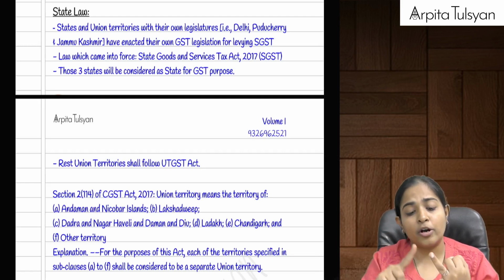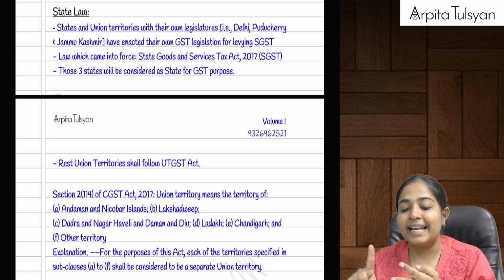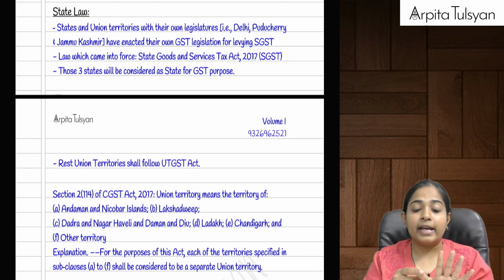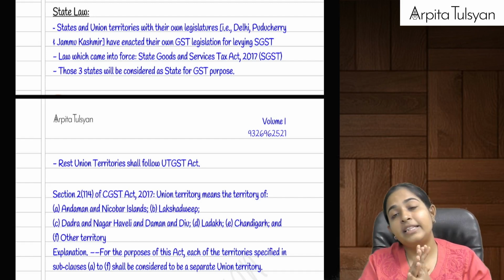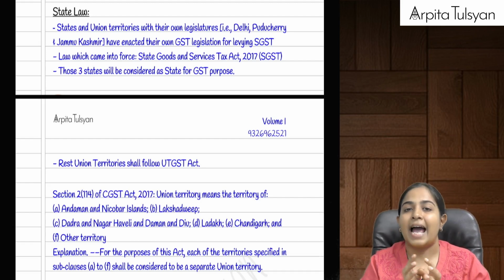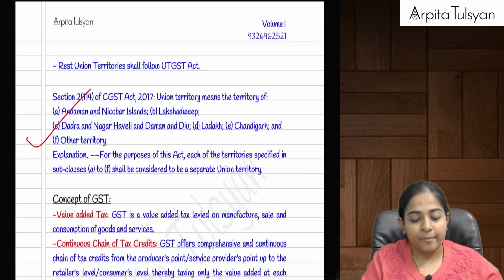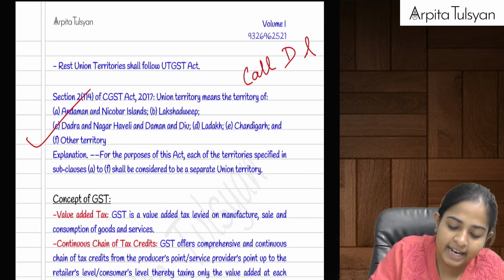Now, apart from that, Chandigarh, Andaman Nicobar, Lakshadweep, Ladakh, Daman, Diu, Dadra and Nagar Haveli and other territories will be called union territories. You can see the list here, everyone. Can you see this? In the main lecture I told you we can remember it as Call D and others.